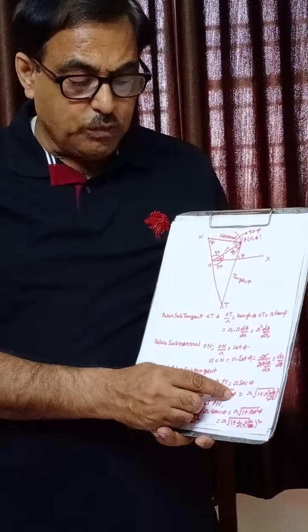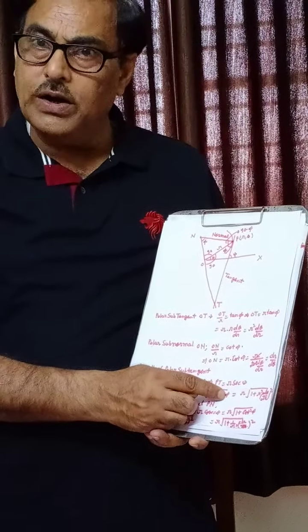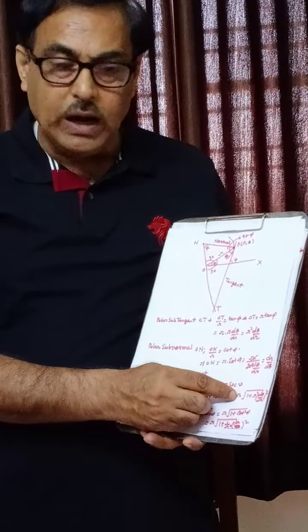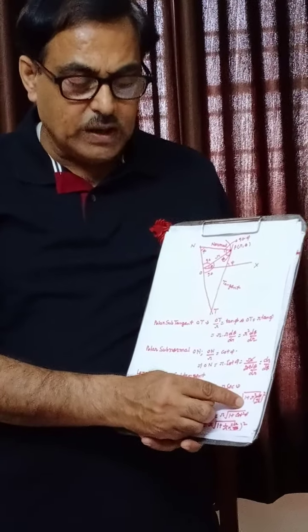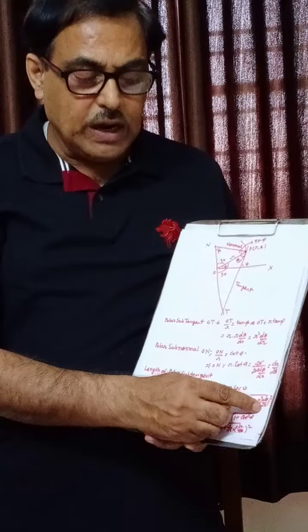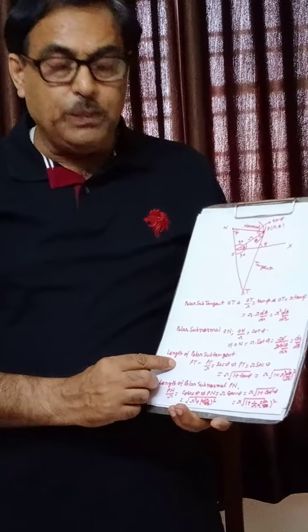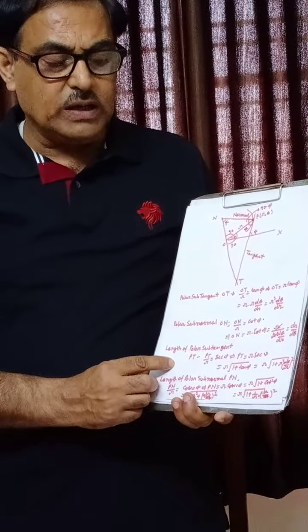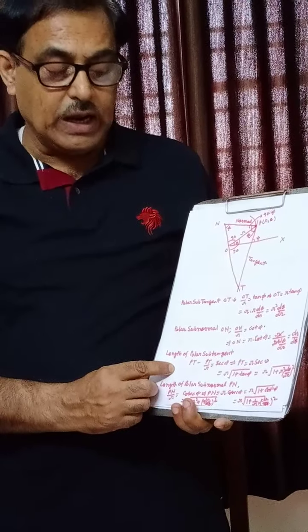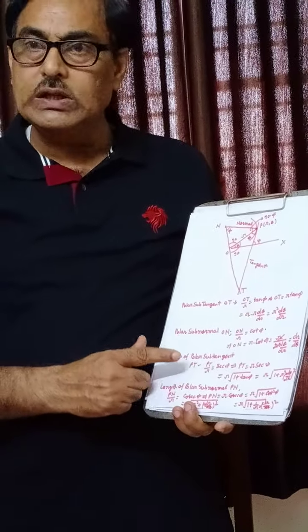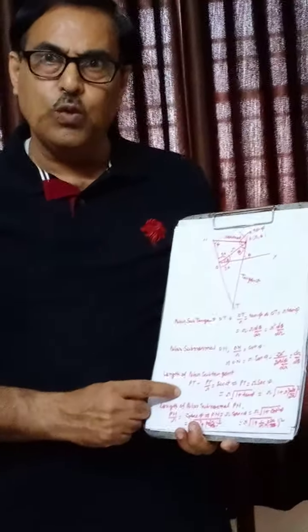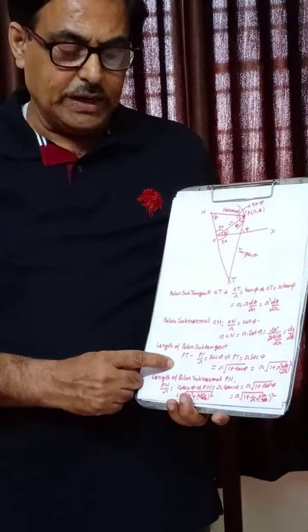Putting the value of tan phi equal to r dθ/dr, PT is equal to r square root of 1 plus r² (dθ/dr)². This is PT, the length of the polar subtangent. Clear?